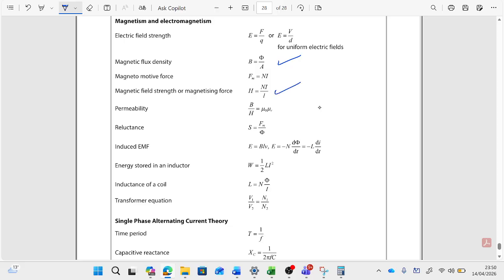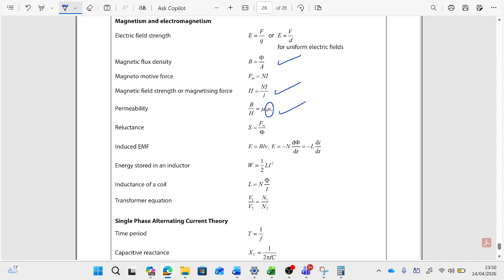From B and H, we can work out this, because we always know what mu naught, the permeability of free space, is. And if we know phi, we can find inductance. I don't know if we need inductance at all, but definitely those three.